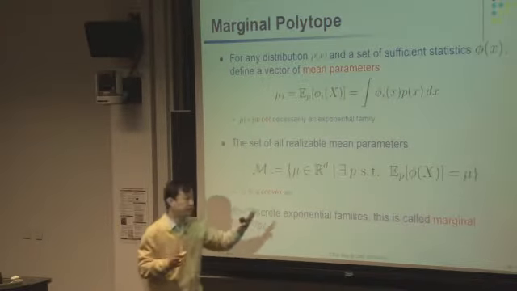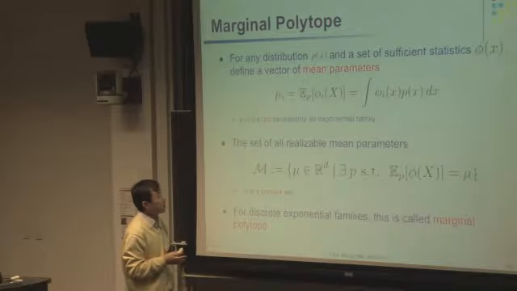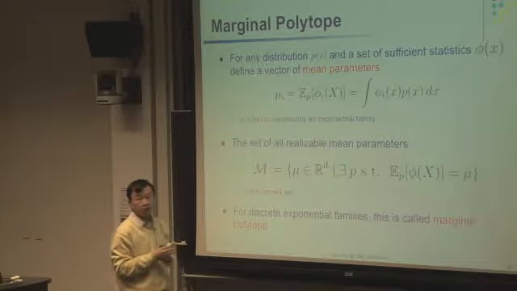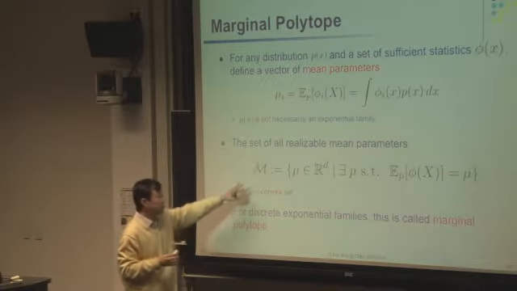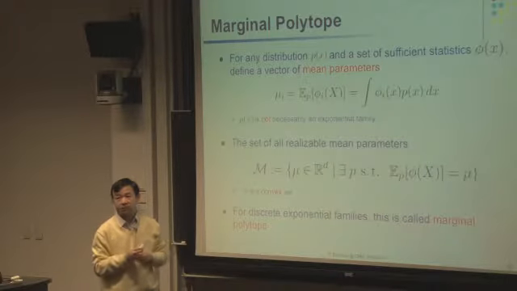Okay, so that's basically the definition of the space of mu. And if you can try to visualize that, you may be able to realize that the space of mu is a convex set.